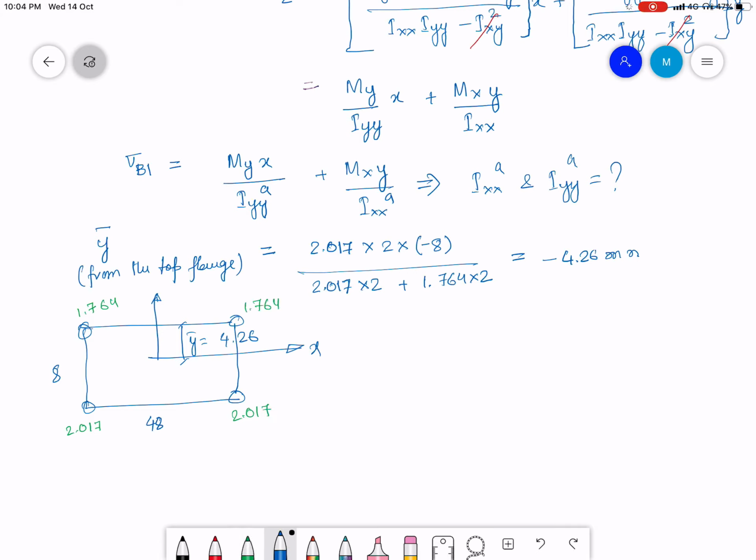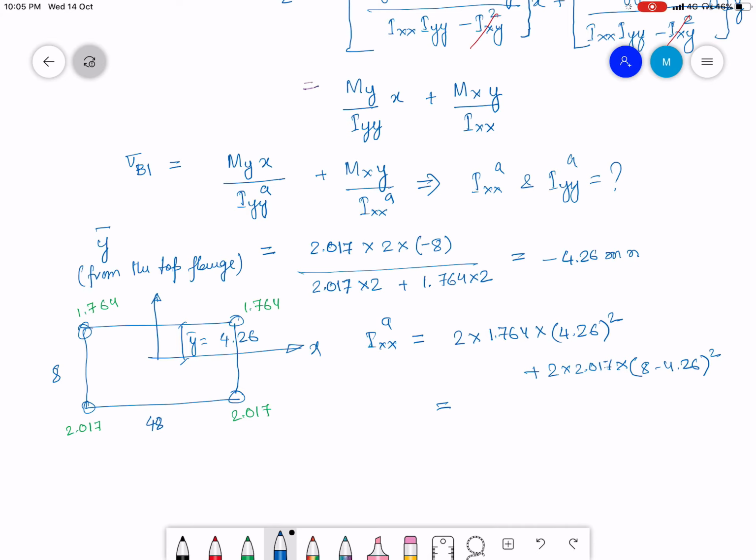Therefore, Ixx A is going to be 2 into 1.764 into the square of the distance.